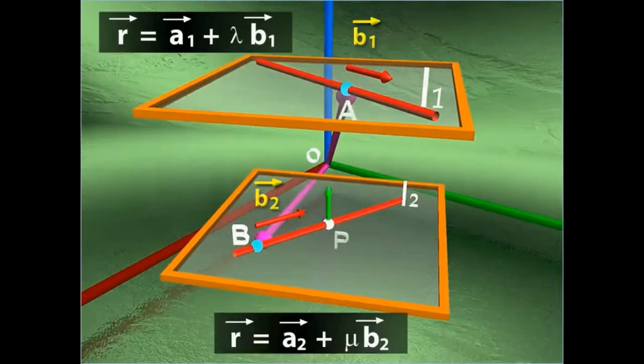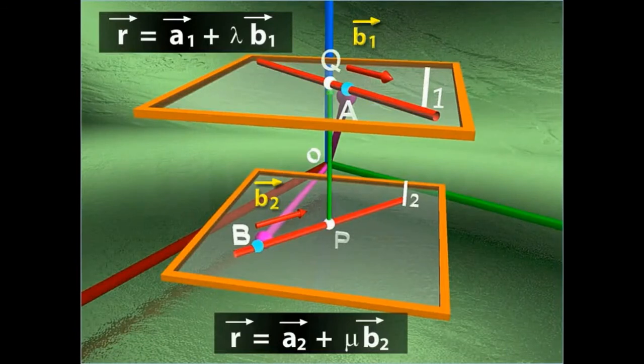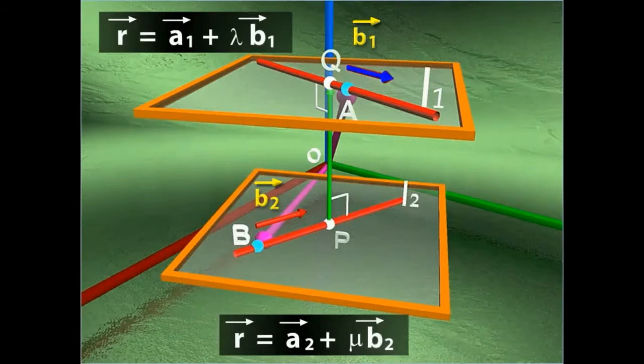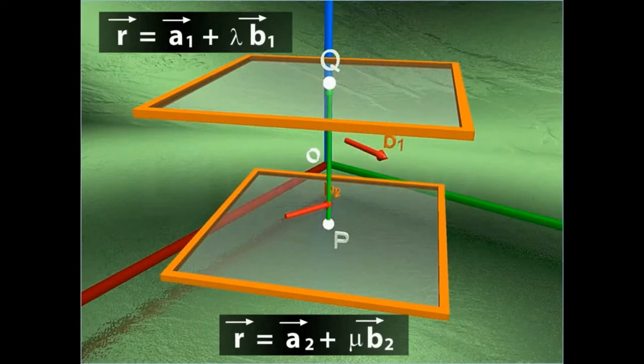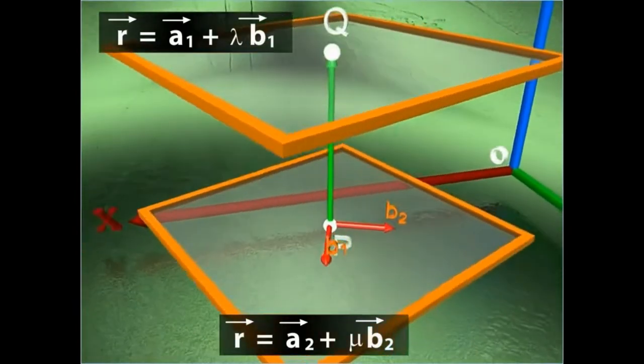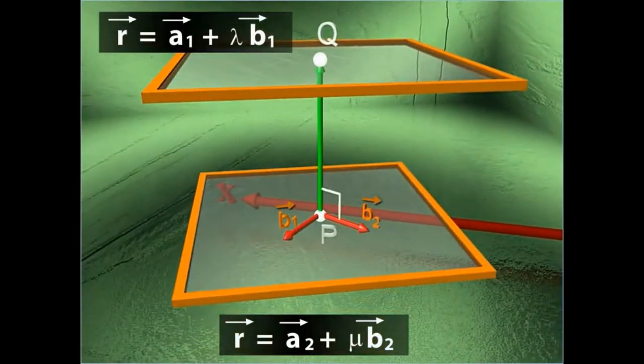If the shortest distance vector between L1 and L2 is vector PQ, then it is perpendicular to both the lines L1 and L2. Since vectors B1 and B2 are parallel to the lines L1 and L2 respectively, vector PQ is perpendicular to both the vectors B1 and B2.